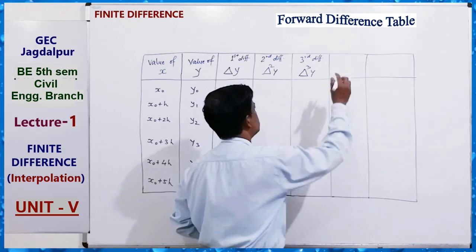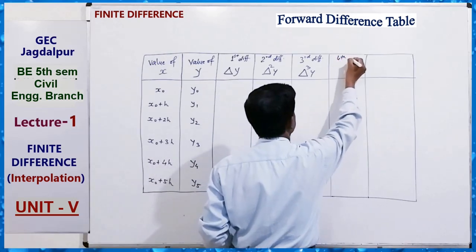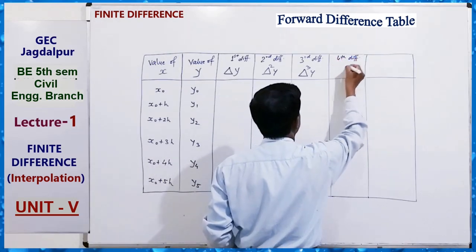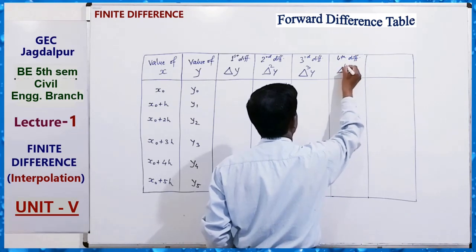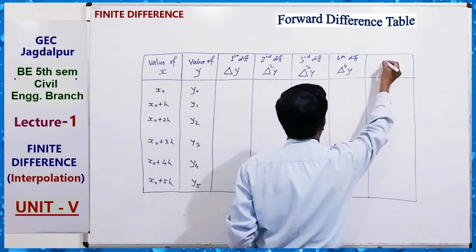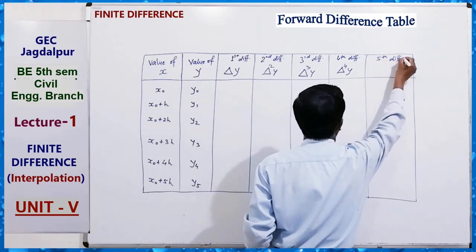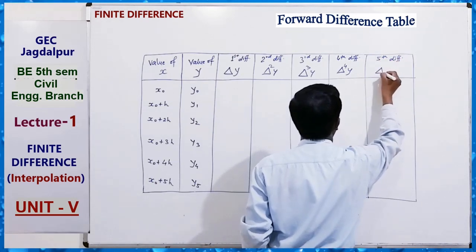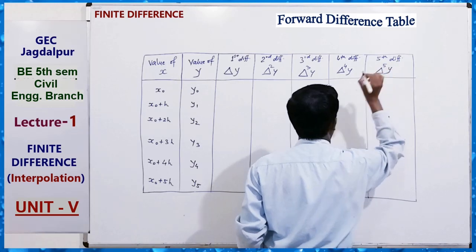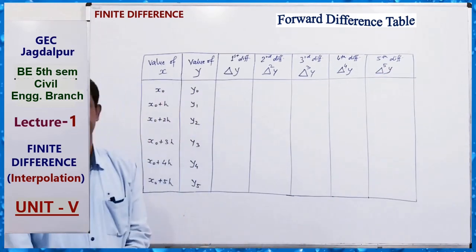Here the fourth difference, del 4 y. For the fifth difference, del 5 y. Clear?